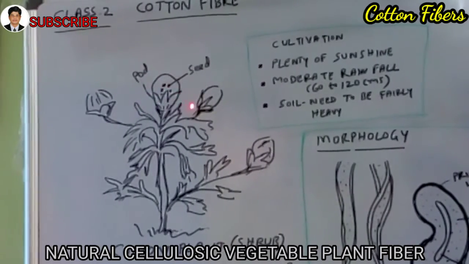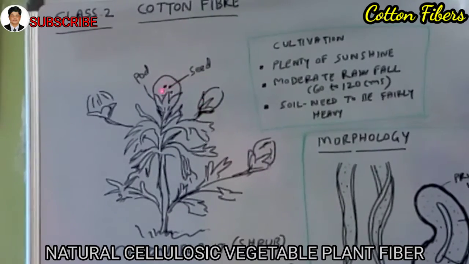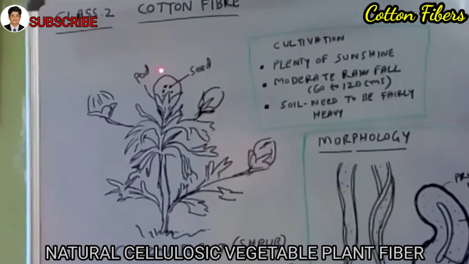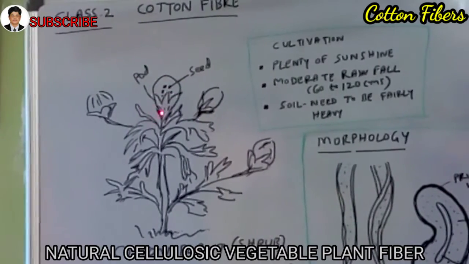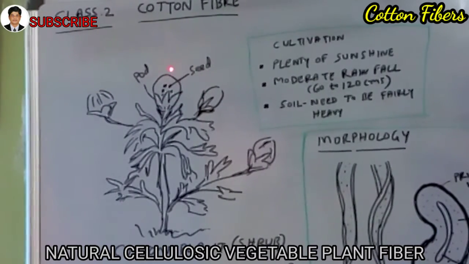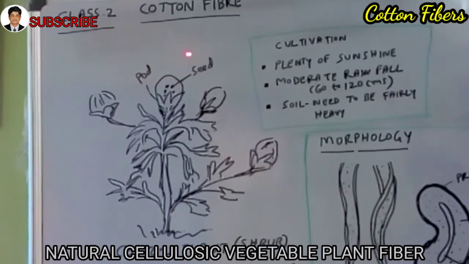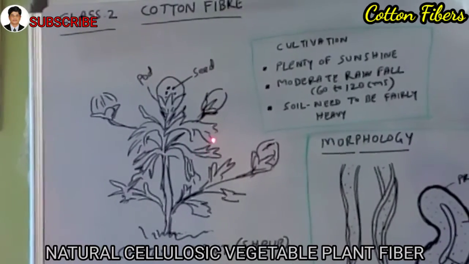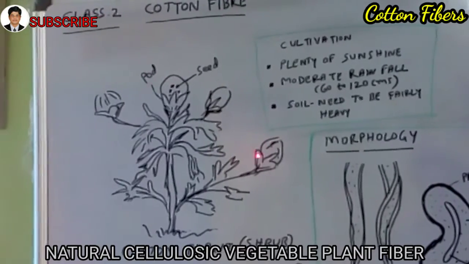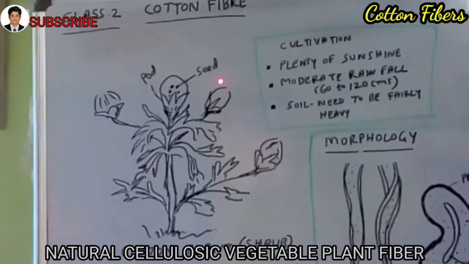That is the process of separating the fibers from the seed, cleaning them, freeing them from dust, dirt and foreign impurities, and making the fibers pure. This process is called the ginning process. This ginning process is done in roller gins.